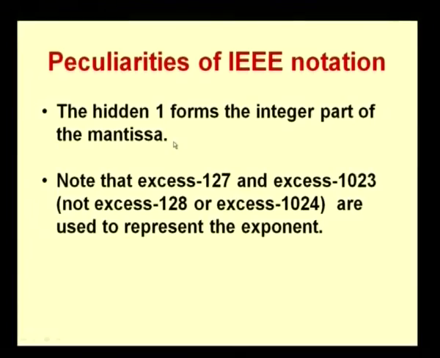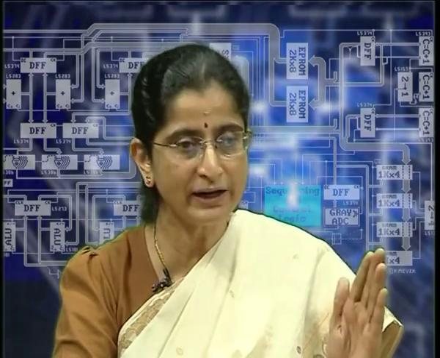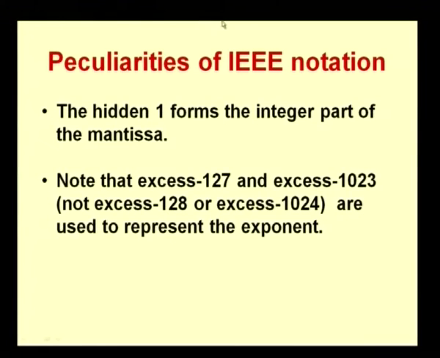So, now we are no longer representing it as 0.1 something; instead you normalize it by shifting that 1 also to the left. It becomes 1 point something, and the rest of your exponent is adjusted accordingly. Note that therefore we use excess 127 and excess 1023 representation and not 128 or 1024, which should have been used. So, we use excess 127 and excess 1023 as the value for the exponent.